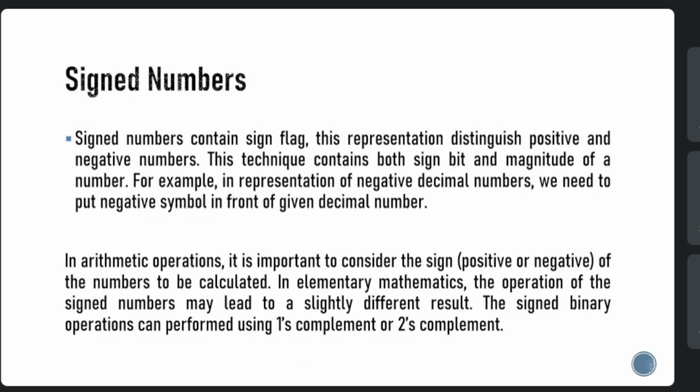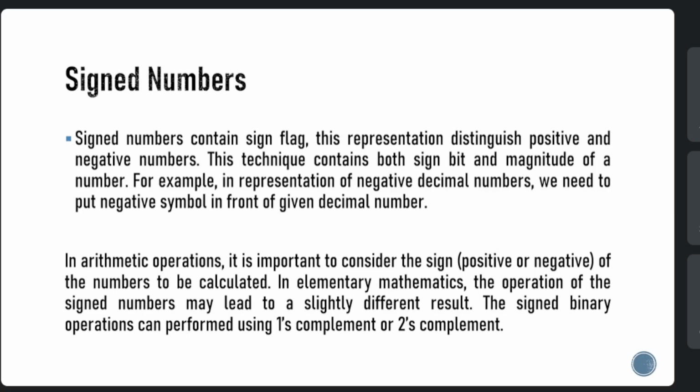Next, signed numbers contain a sign bit. This representation distinguishes positive and negative numbers. This technique contains both a sign bit and the magnitude of a number. For example, to represent negative decimal numbers, we put a negative symbol in front of the decimal number. In arithmetic operations, it is important to consider the sign, positive or negative, of the numbers to be calculated.